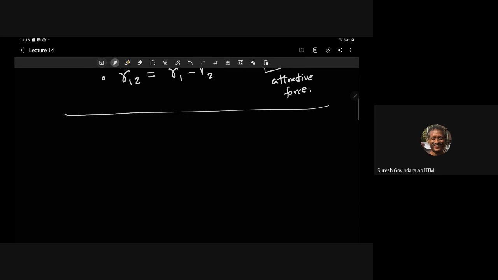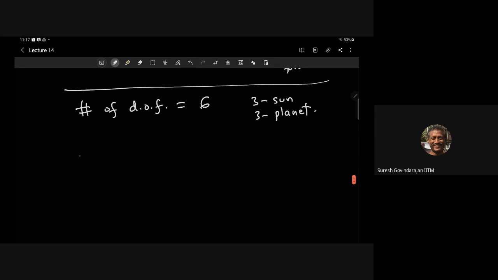Lagrangian for the system. So this is the setting of the Kepler problem. First thing, the number of degrees of freedom is how much? 6. 3 for the Sun and 3 for the planet.